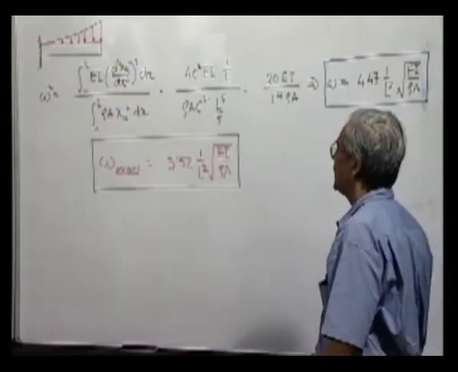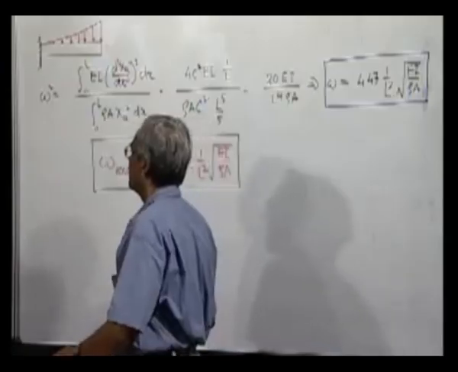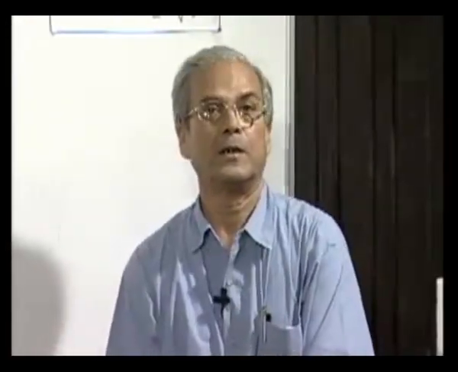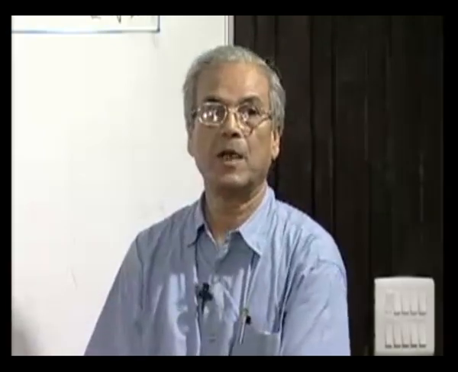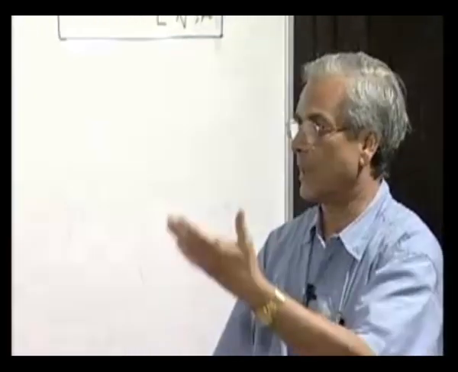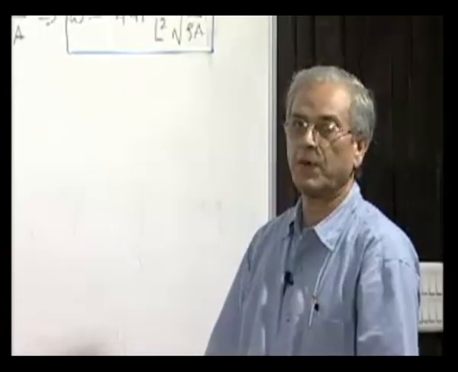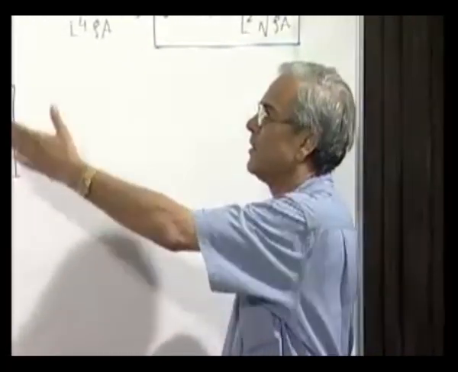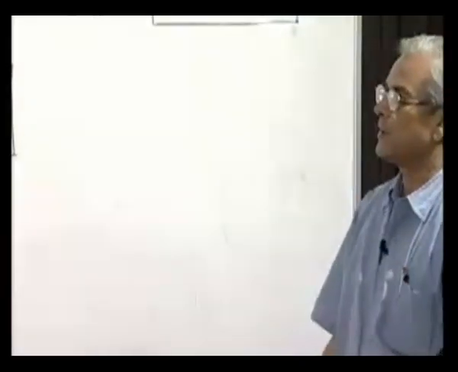So I think this will be enough for the time being, but we have to now keep in mind whether it is possible to find out the higher mode or higher frequency. In all these cases, this Rayleigh's principle is valid in case of fundamental frequency, as you know. So we are all the time assuming something for the first mode deflection.